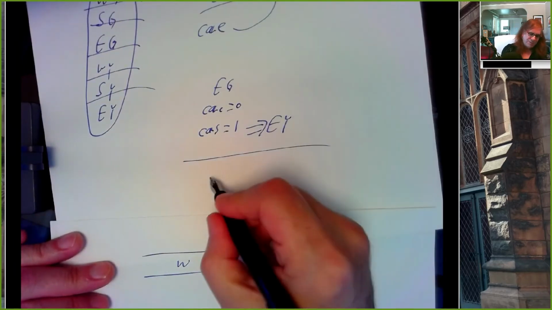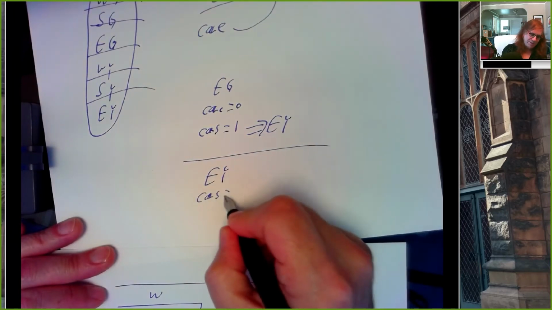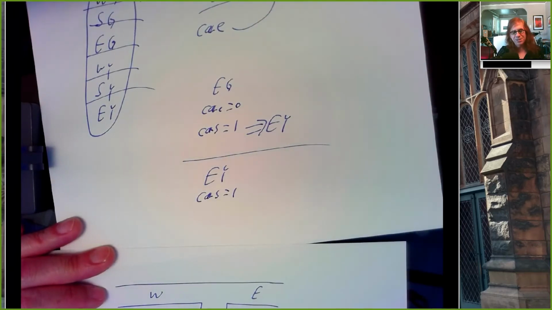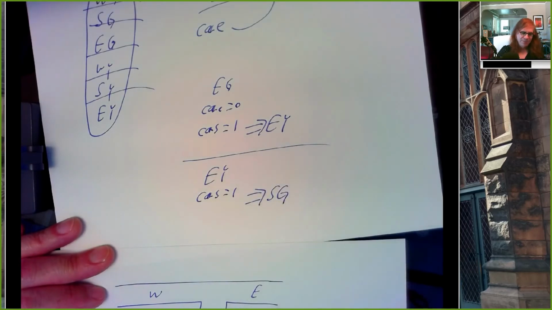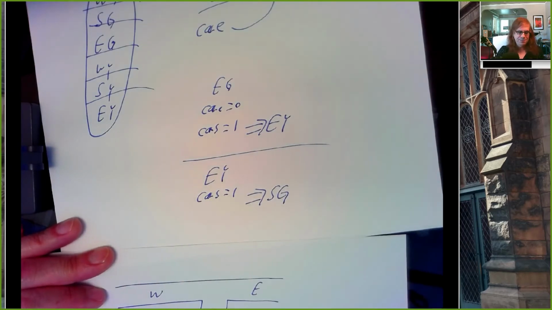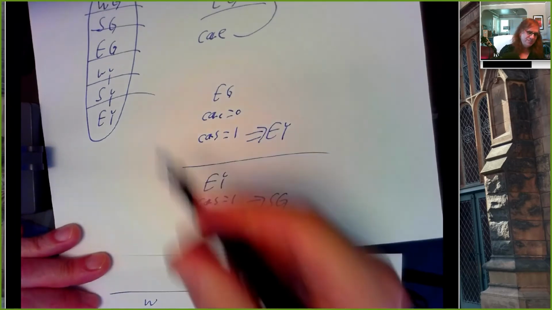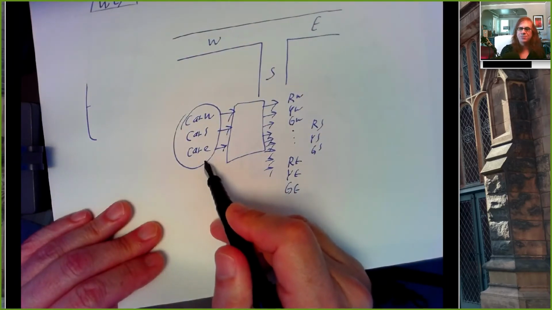All right, if we're in state east yellow, and there's a car to the south, what should our next state be? South green. Yeah, you got it. If we're in east yellow and there's a car to the south, our new state should be south green. So there's two things here. The first is figuring out, based on your current state and these inputs, what should your next state be?